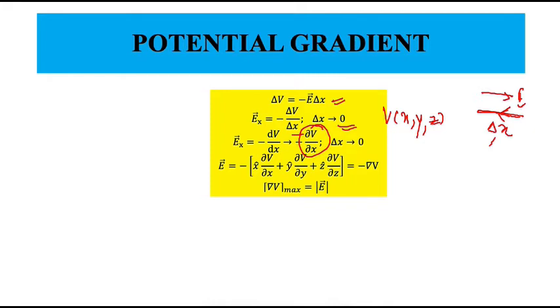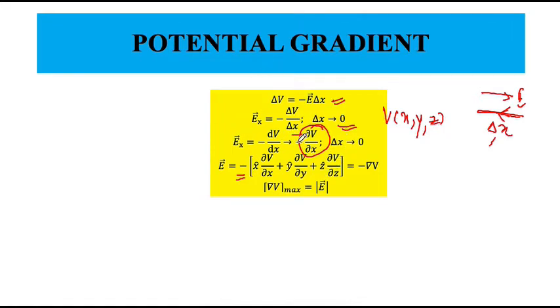So I have the total electric field as, with a minus sign common to all of them, x hat partial derivative of V with respect to x, plus y hat partial derivative with respect to y, plus z hat partial derivative of V with respect to z.